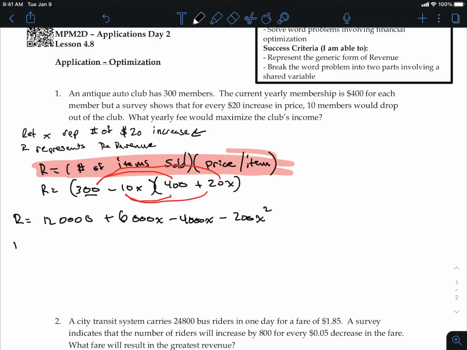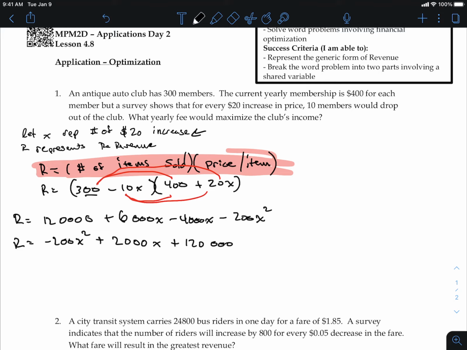Okay, I'm just going to rewrite this in descending order so that it looks like something you've seen before. Negative 200x squared plus 6,000x plus 120,000. Or we could collect the like terms in the middle if you want.